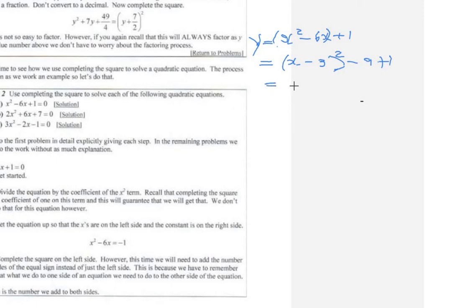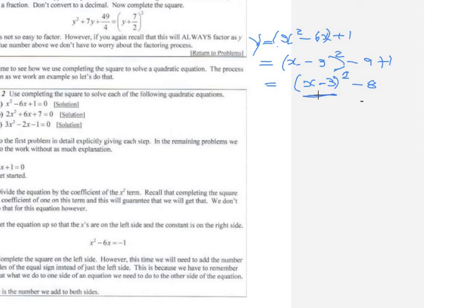So now this is going to give me, I'm sorry, it mustn't be x squared there. It must just be (x - 3) squared, and then minus 8. Now the minus 9 and the 1 is minus 8.